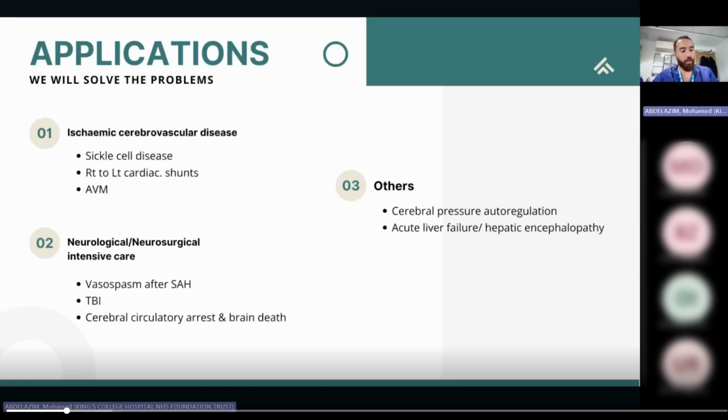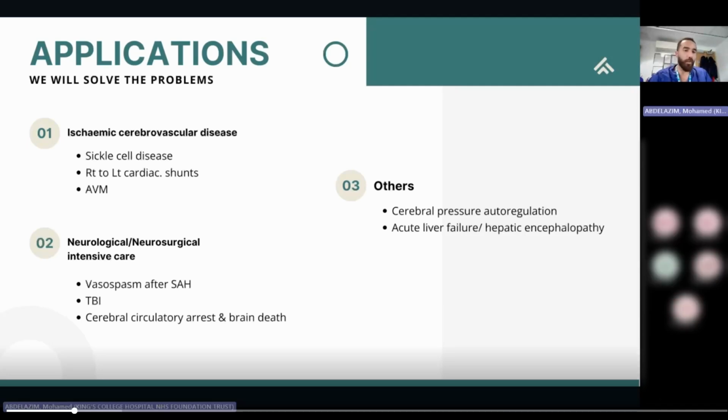The other thing is cardiac patients, specifically right to left cardiac shunts. It's usually done more in adults, where they do TCDs while doing agitated saline tests to see the right to left cardiac shunts and how much of this agitated saline actually goes to the cerebral arteries, through scanning the MCA while doing this test.